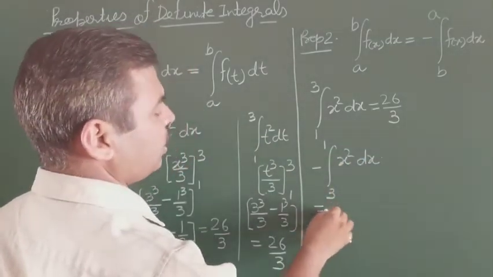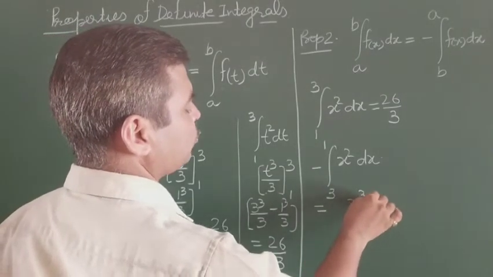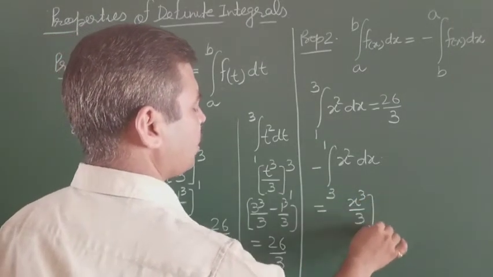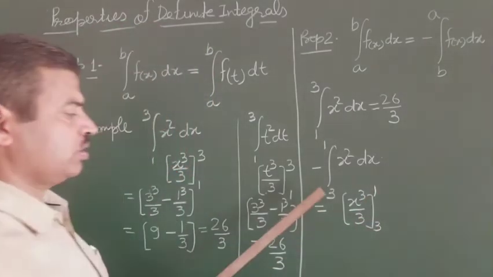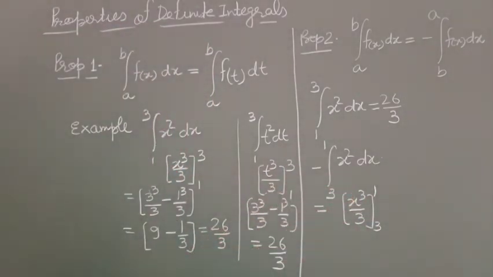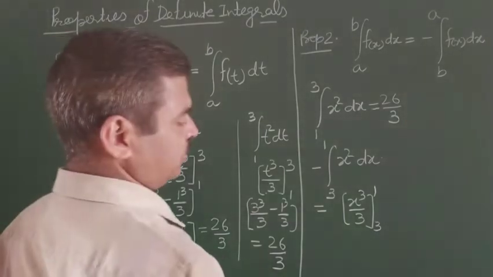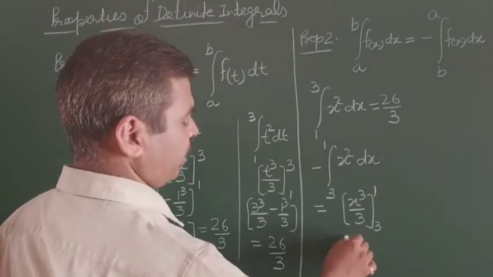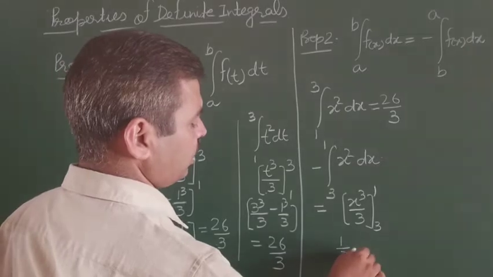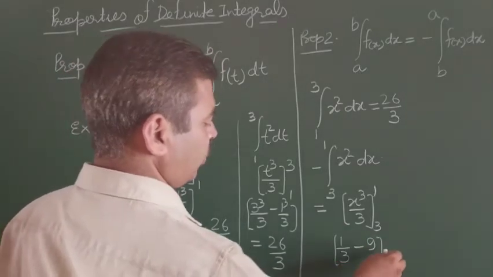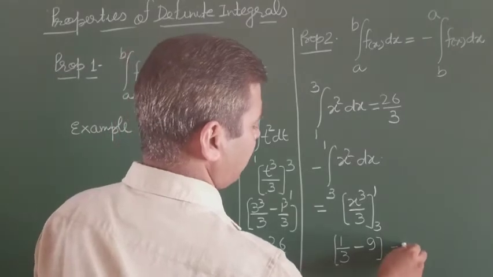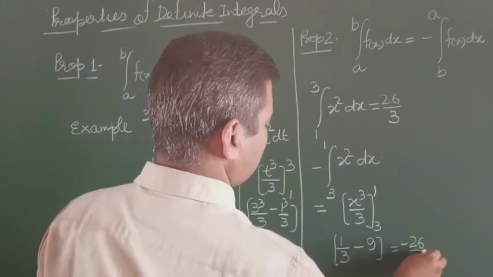Its answer is x cube upon 3 with limits 3 to 1. When we calculate, it will be 1 upon 3 minus 9, so the answer is minus 26 upon 3.